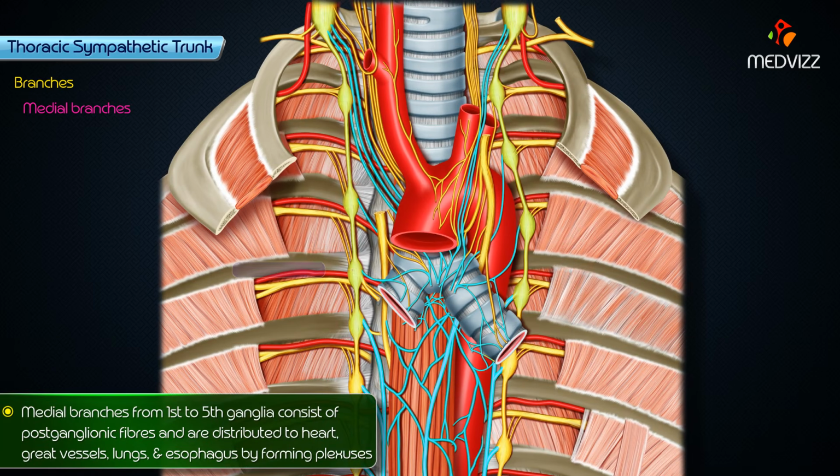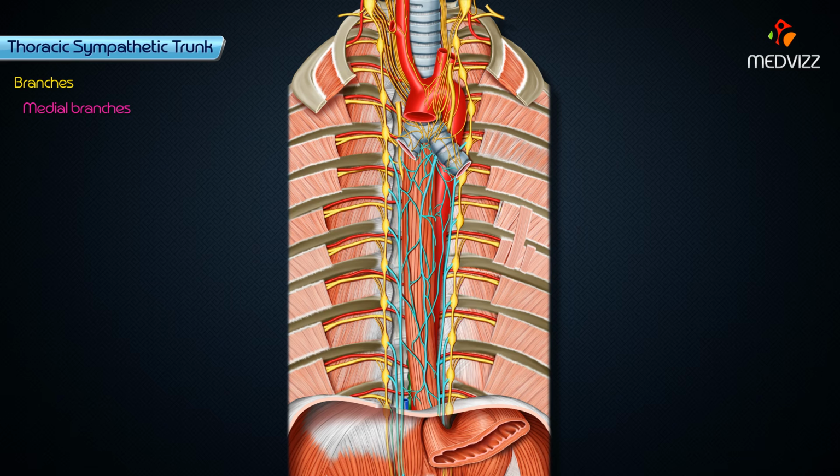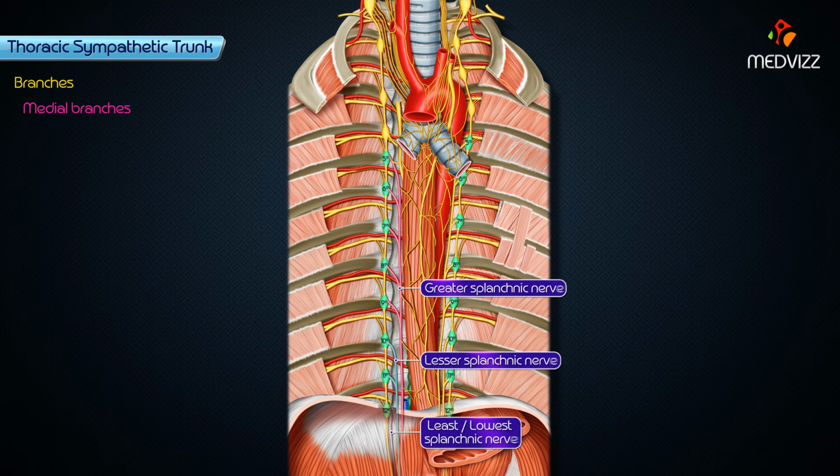The medial branches from the first till the fifth ganglia consist of postganglionic fibers and are distributed to the heart, great vessels, lungs, and esophagus through the following plexuses: pulmonary plexus, cardiac plexus, aortic plexus, and esophageal plexus. Medial branches from the 5th till the 12th thoracic ganglia consist of preganglionic fibers and form three splanchnic nerves as follows.